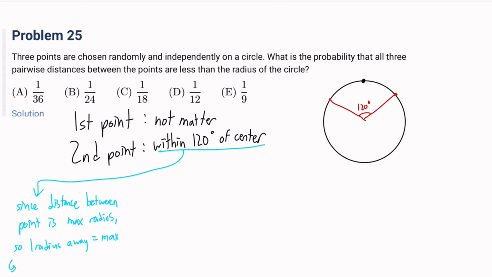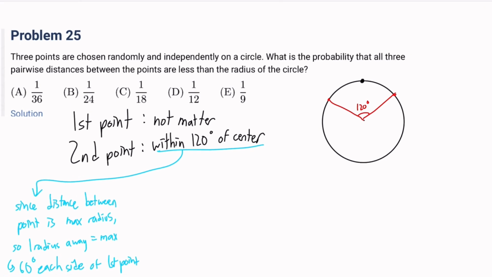That means one radius is exactly 60 degrees on each side of the first point, right? That is why if we do here, this is 60 and this is 60 degrees, and so that's why we have 1/3 of the whole length. So this is 1/3 of the whole circumference, so the probability is 1/3.